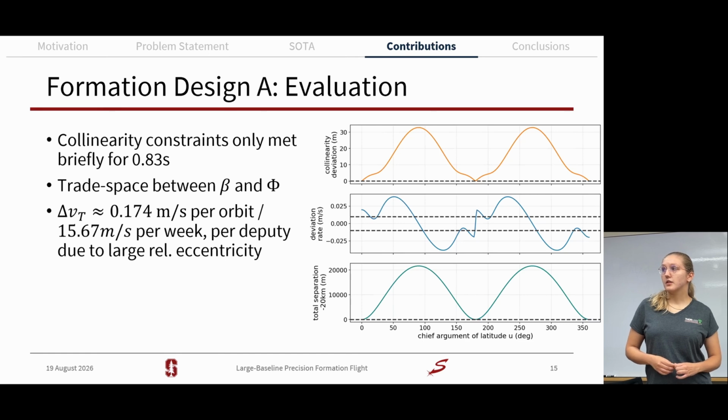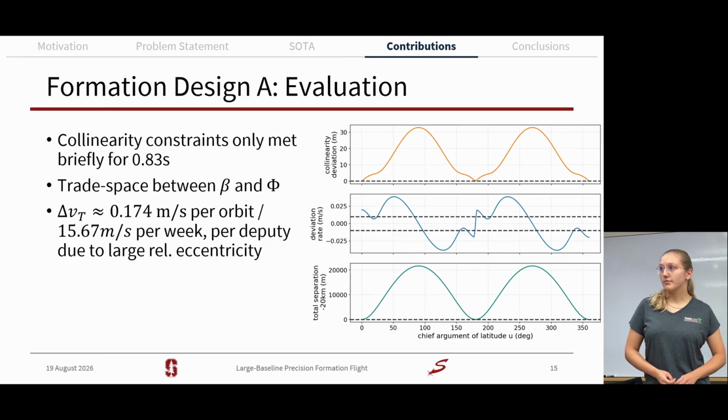The trend here is that with lower beta, we get a larger window for which the constraints are all met. Yet you can also play around with phi. This is a trade space I still want to explore further, but it does not seem like there's a phenomenal constellation that solves all our problems at once.